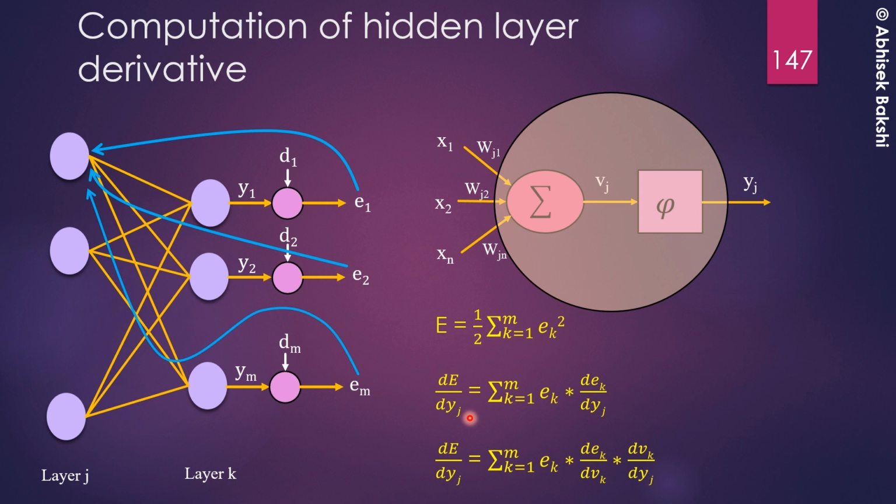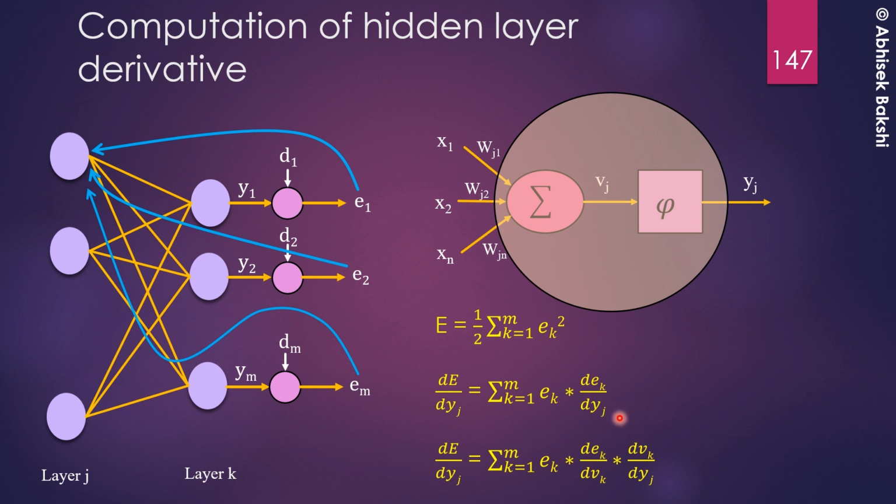You can say we can apply the rule of differentiation, and write the derivative of error with respect to yj by this equation, the sum from k equals 1 to m of the derivative of ek with respect to yj. It's like dx/dy equals dx/dz times dz/dy, something like that. Again some chain rule, right?